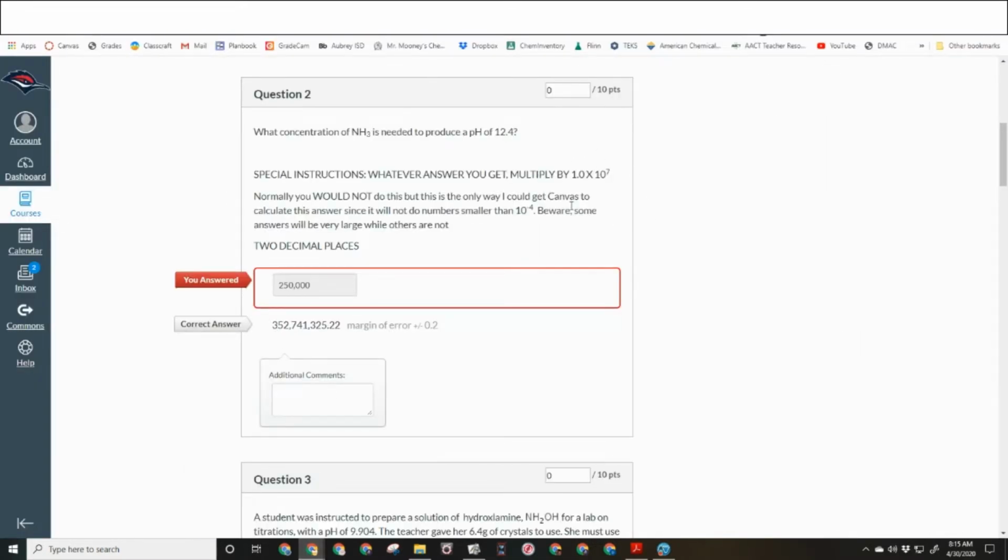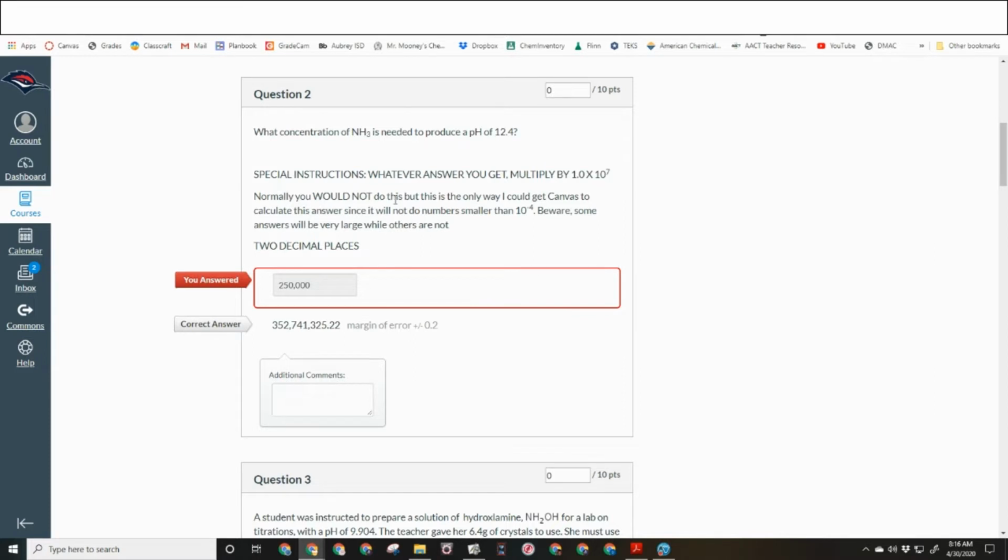Oh, all right. Because some of the variables that Canvas plugs into the pH question will get you a very, very small number, like times 10 to the negative 7th or 8th or 9th. And Canvas has a limitation.